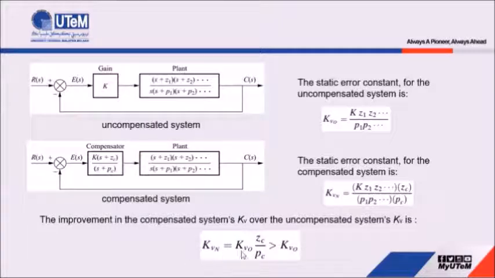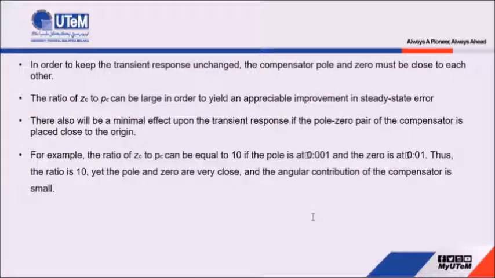The improvement of the compensated system's Kv over the uncompensated system's Kv is based on this relationship: Kvn equals Kvo times zc divided by pc, which is greater than Kvo. In order to keep the transient response unchanged, the compensator pole and zero must be close to each other, like I mentioned just now. The ratio of ZC to PC can be large in order to yield an appreciable improvement in steady state error.